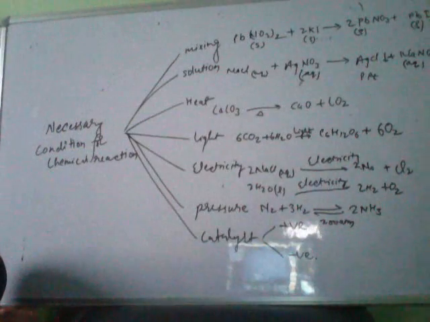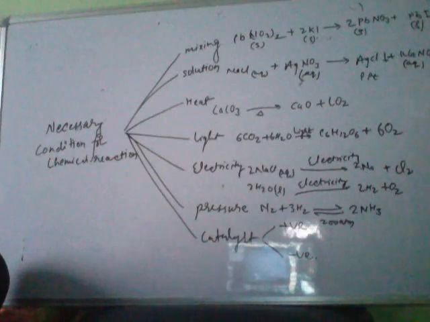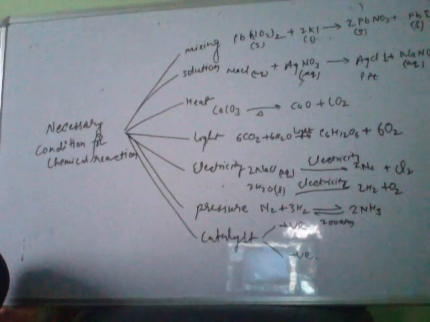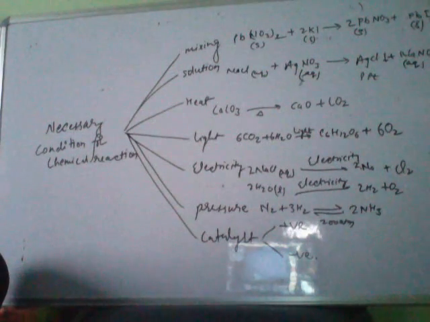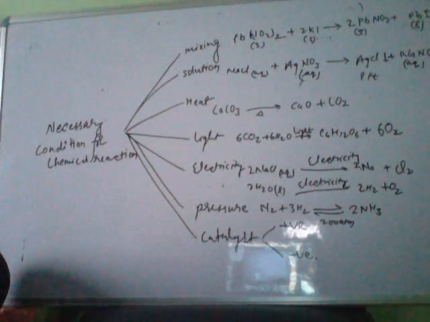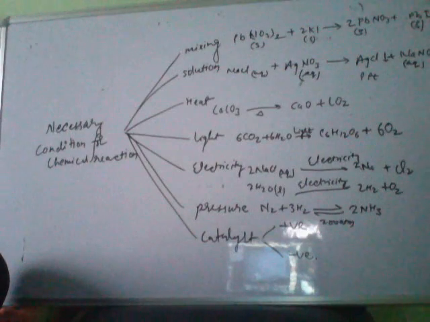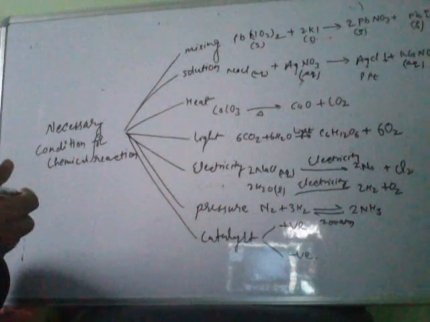Now when you come to the catalyst, catalysts are of two types. Catalysts increase the rate of reaction, and they can also decrease the rate of reaction. If they increase the rate of reaction, they are known as positive catalysts, and if they decrease the rate of reaction, they are known as negative catalysts.